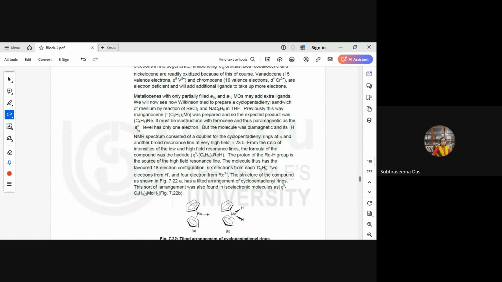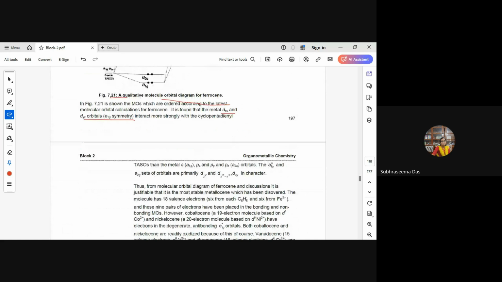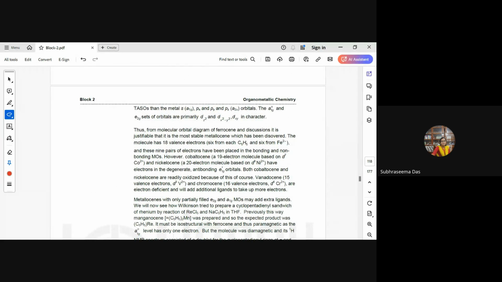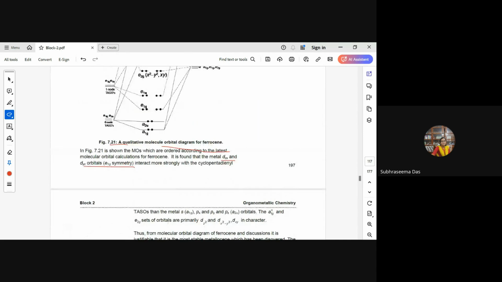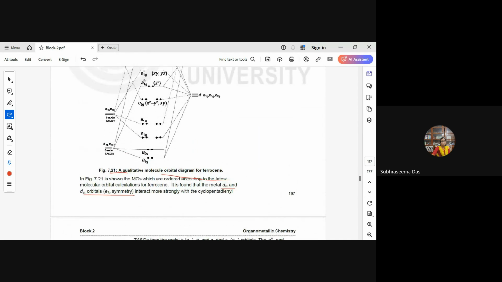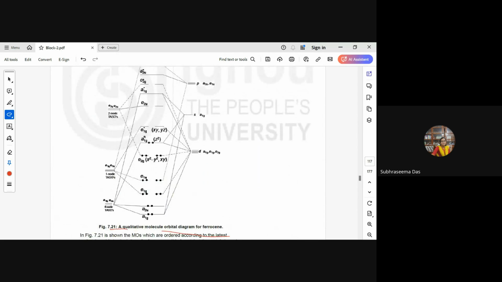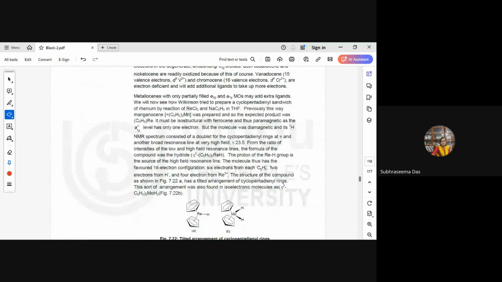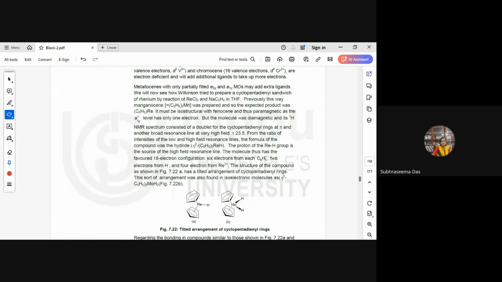The understanding of the MO of ferrocene is a bit difficult, so we need to consider all the primary orbitals starting from the ground level to the A1g, the E1g, and all other orbitals. The metallocenes with only partially filled E2g and A1g MOs add extra ligands.